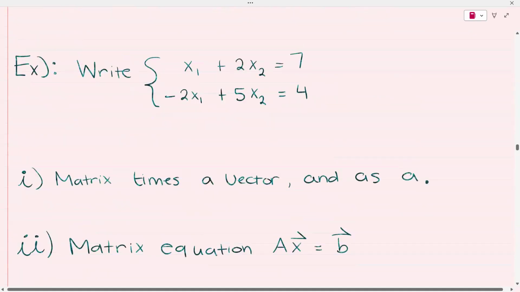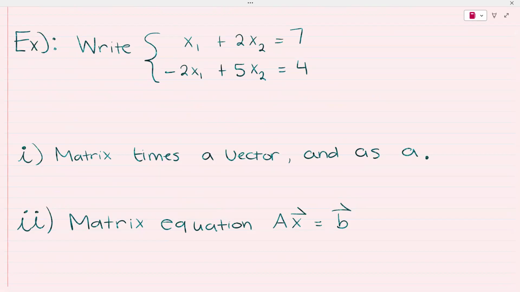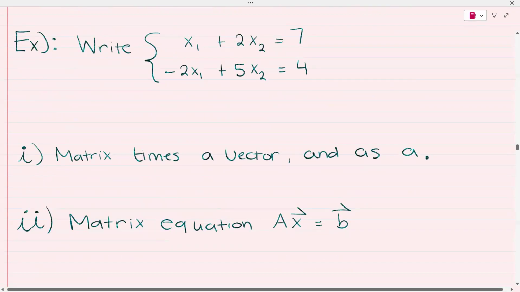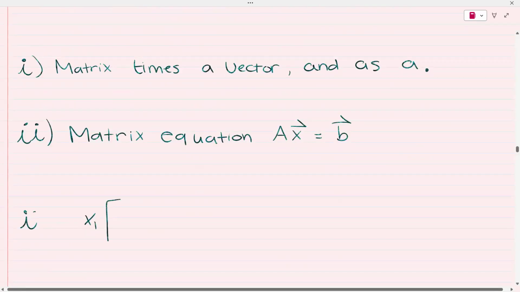Write the system of equations of this as a vector equation and as a matrix equation, A times vector X equals vector B. Let's do part one, or part A. You can rewrite this as a vector equation: x1 times (1, -2) plus x2 times (2, 5) equals the vector (7, 4).